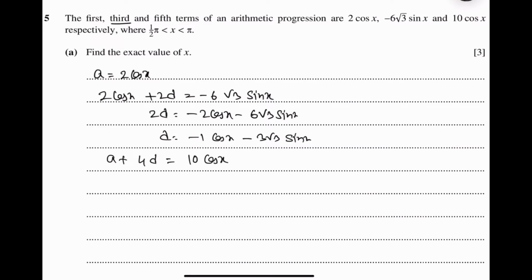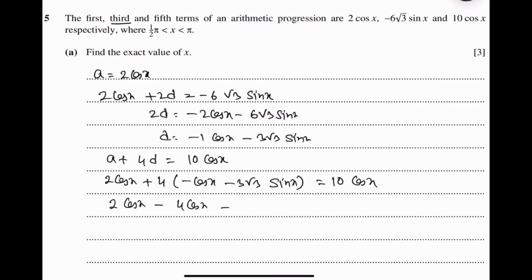Now let us simplify. a is 2 cos x plus 4d is minus 4 cos x minus 12 root 3 sin x, equals 10 cos x. If we simplify all this, let me write here 2 cos x minus 4 cos x minus 12 root 3 sin x equals 10 cos x.